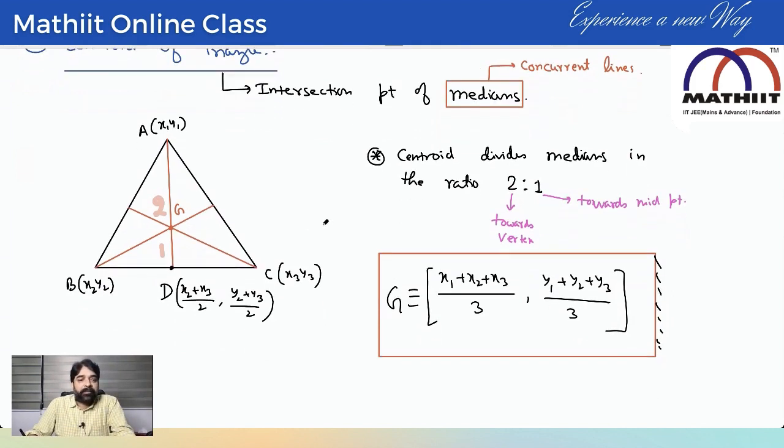Can I go ahead? Is it clear? One interesting question here. Very interesting. These are the midpoints. Let's say this is D, this is E, this is F. If I join DEF, we'll get a new triangle or not?